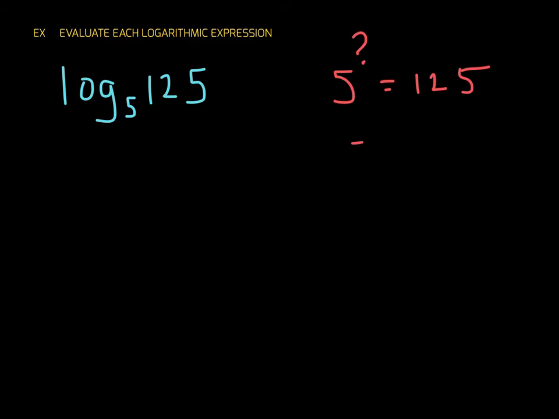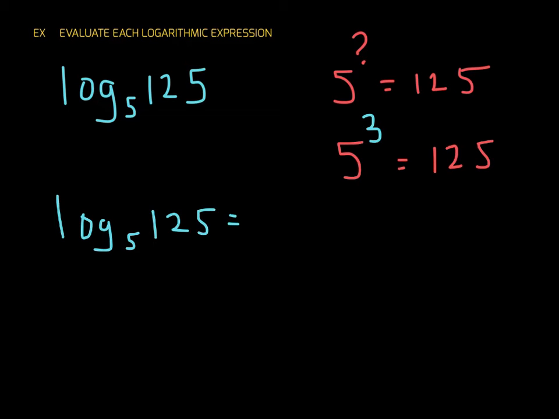We know that if you raise 5 to the power of 3, you will get 125. So there's your answer. 3 is the exponent. Let me write out the final answer for us like this. Log base 5 of 125 is 3. 3 is the answer. 3 is the exponent to which you raise 5 to get 125.